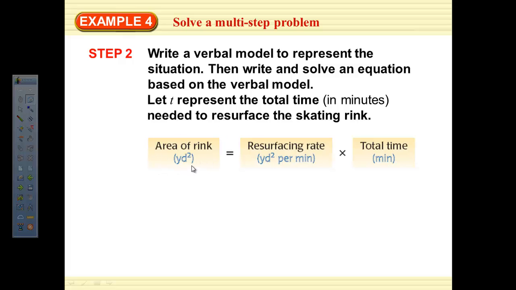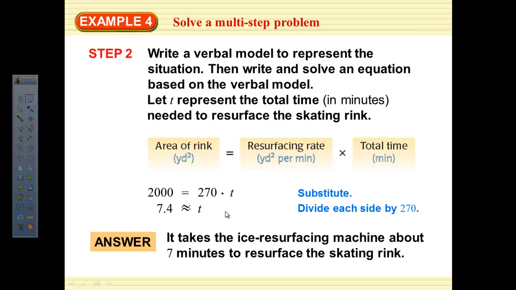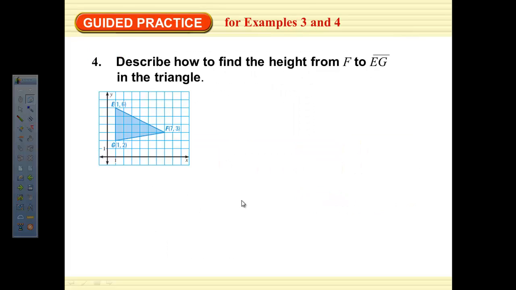And since we know the area is now 2,000 square yards, we know the resurfacing rate is 270, and the time we don't know. We set it up like this. We divide both sides by 270, and we get approximately 7.4. So it'll take a little over 7 minutes overall. And that's it for that one.